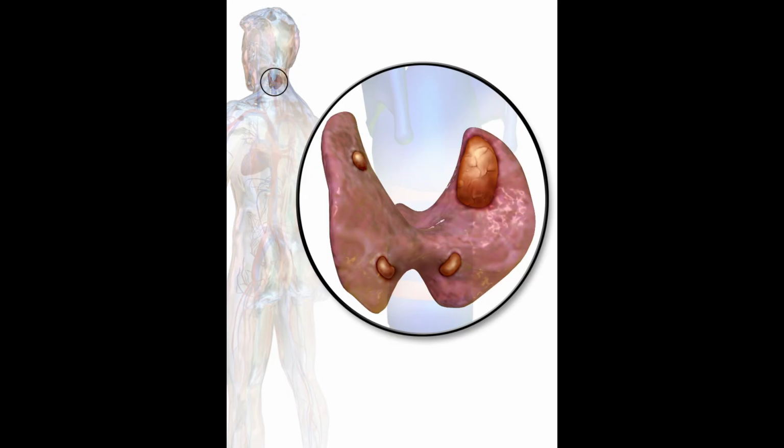There are 2 main types of hyperparathyroidism, primary and secondary. There is also a less common form known as tertiary hyperparathyroidism. Primary hyperparathyroidism occurs when the parathyroid glands themselves become abnormal, leading to excessive PTH production. The most common cause is a benign tumor called a parathyroid adenoma.